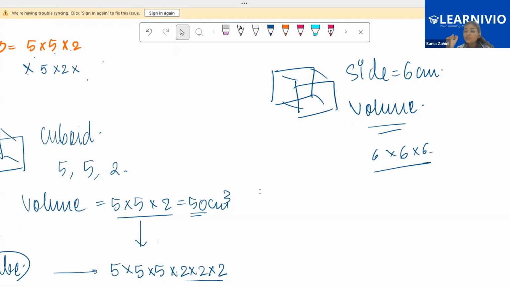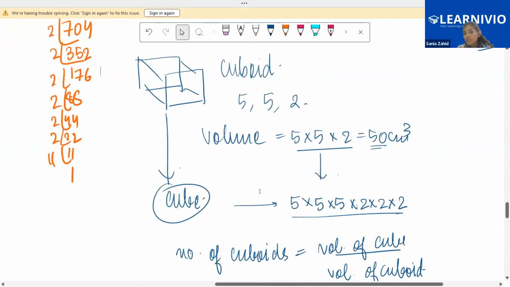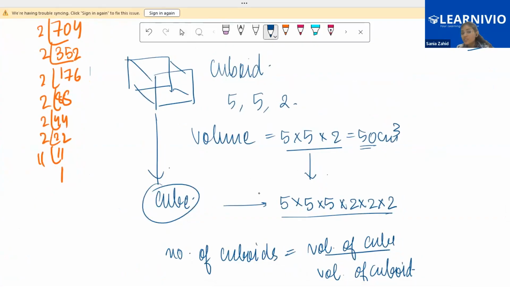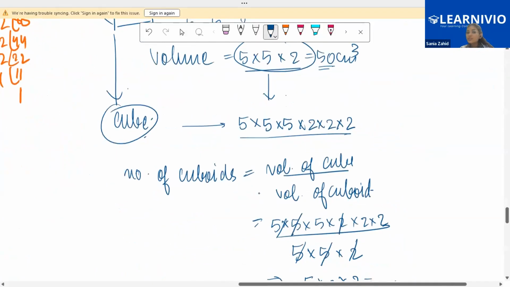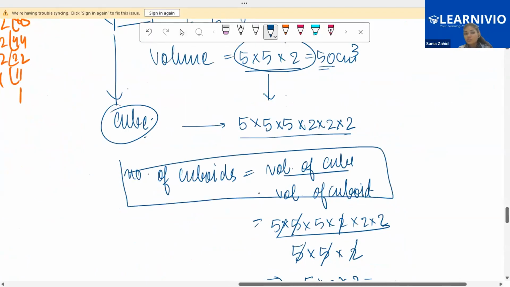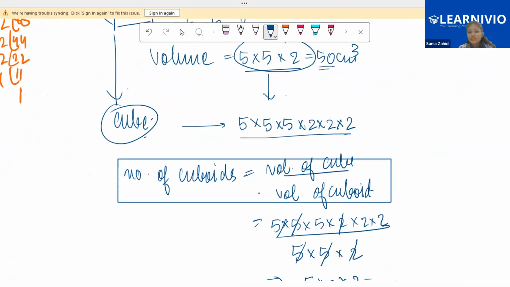It's always a perfect cube. Similarly, if this is a cuboid with dimensions 5, 5, and 2, and you want to make a cube out of it, first you need to make these dimensions into triplet format, as factors of a perfect cube. Then you divide the volume of the cube by the volume of the cuboid to get the total number of cubes. Right, children? Do you understand this?